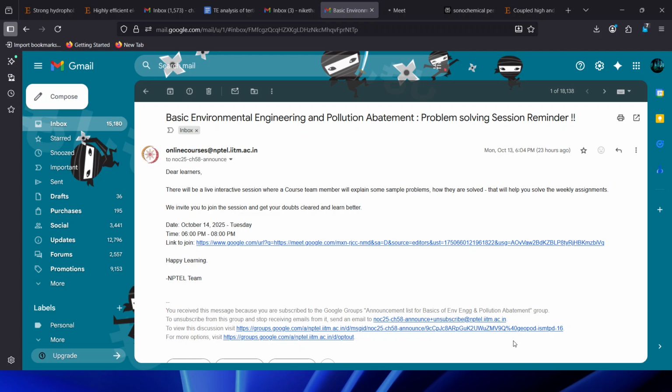Second one is non-dispersive infrared. Third one is gravimetric using gravity. Fourth one is using chemiluminescence. So which will be the correct option? Option B, NDIR. Yeah.